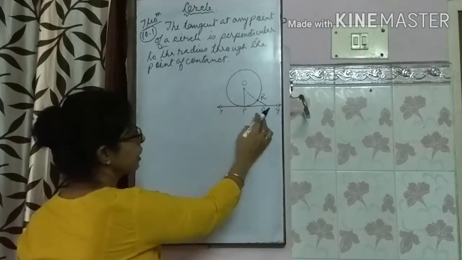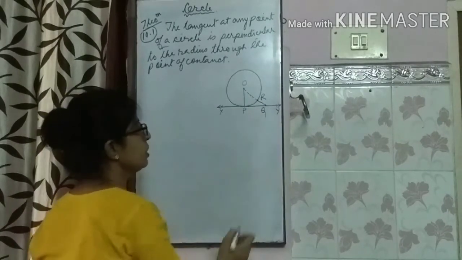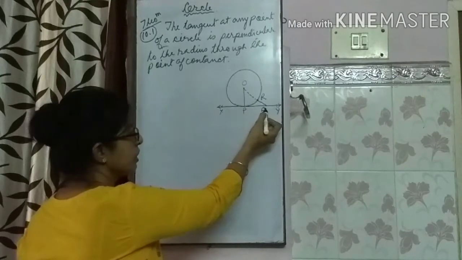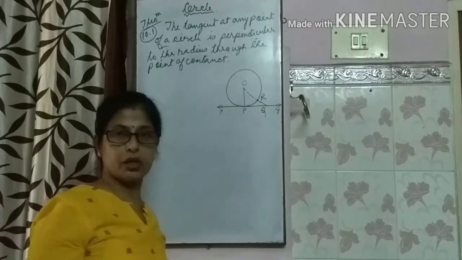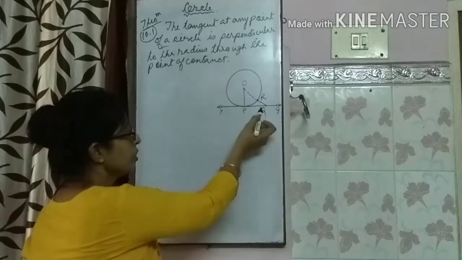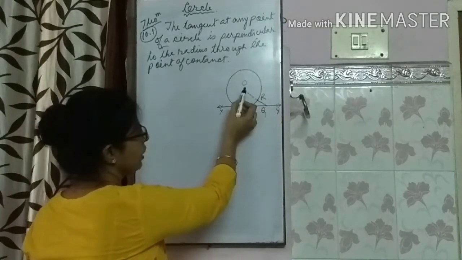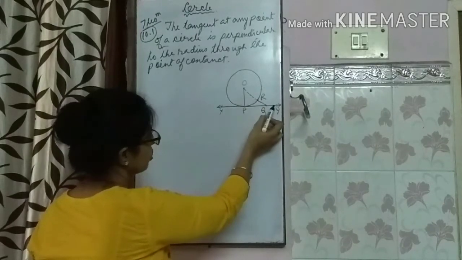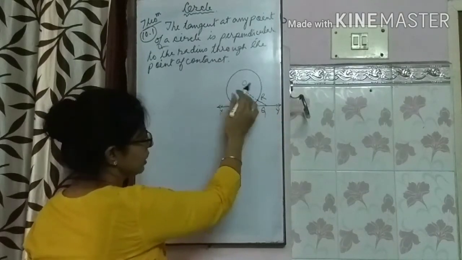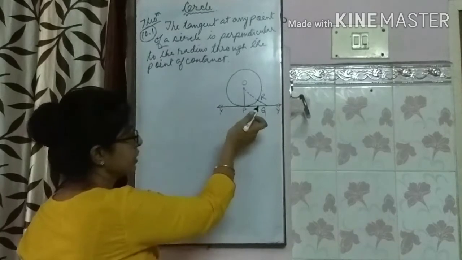But for proving, I have taken one point Q outside the circle, but it is on the tangent. Now, if I draw another line by taking another point, that can also be taken. Whatever, how many lines you draw, it doesn't matter.